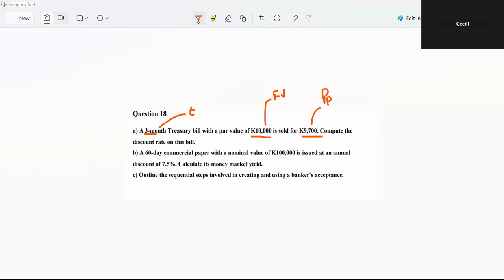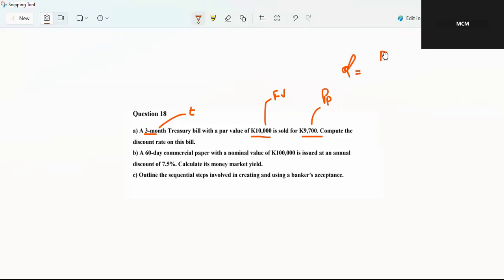Then now we can compute the discount rate. What's the formula for the discount rate? Small d is equal to what?